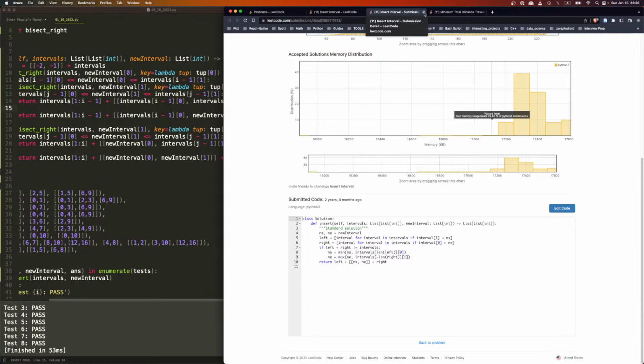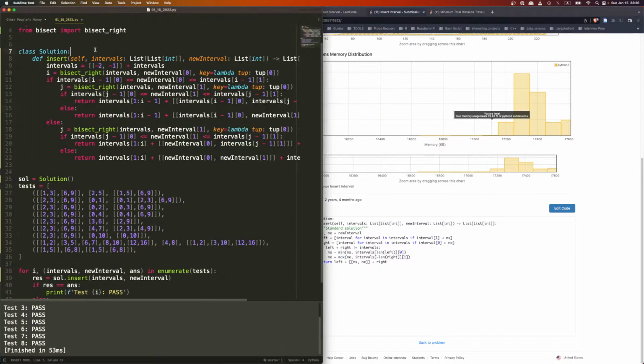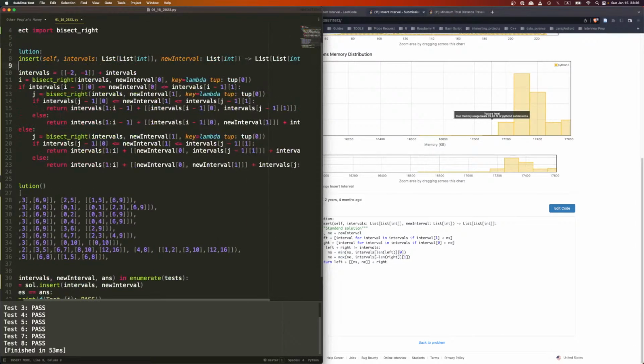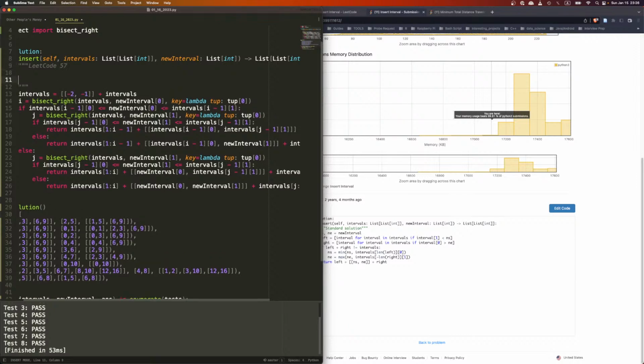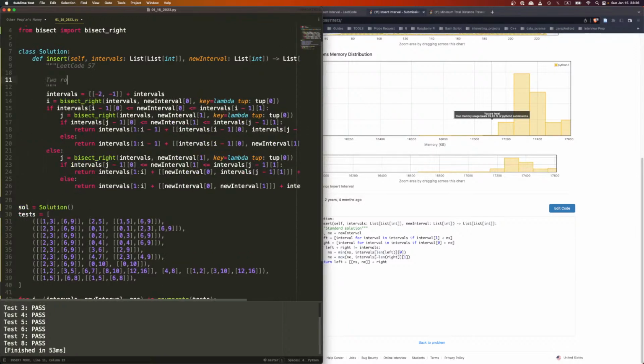Holy crap! It's so much easier than the analysis I was doing. For low and high in new interval.